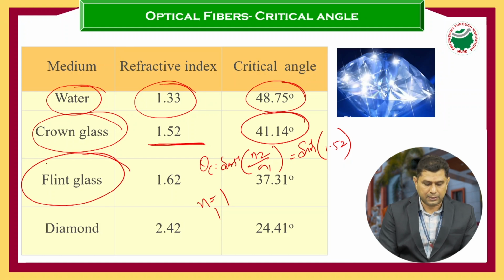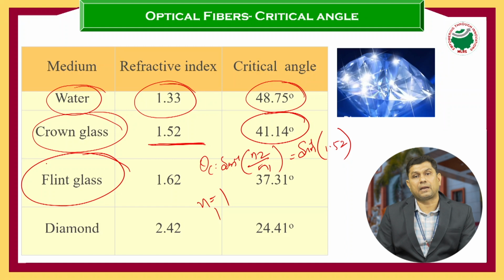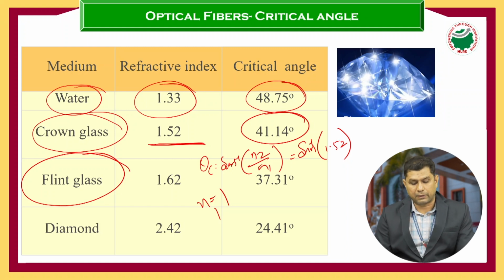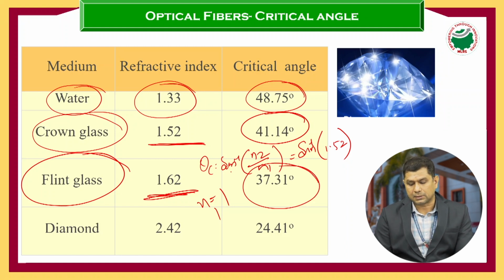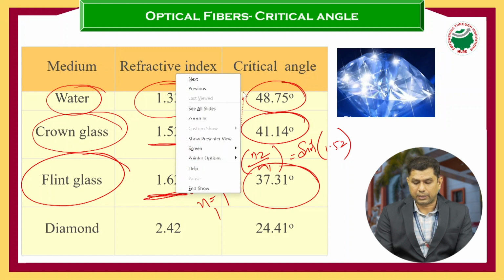Next, in the market different types of glasses are available. Two types of glasses: one is crown glass and another one is flint glass. Mainly this flint glass we use to make prisms, whose refractive index is very high. Here the refractive index is 1.62, then its critical angle is 37.31. As the refractive index is increasing, automatically this value is decreasing.